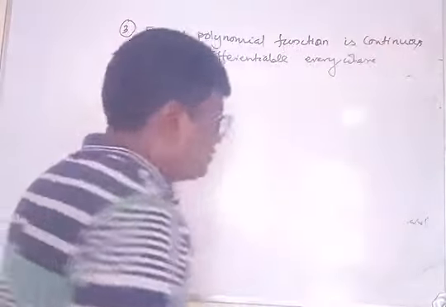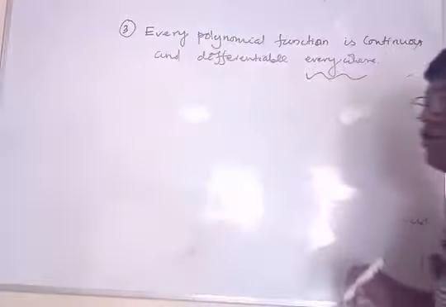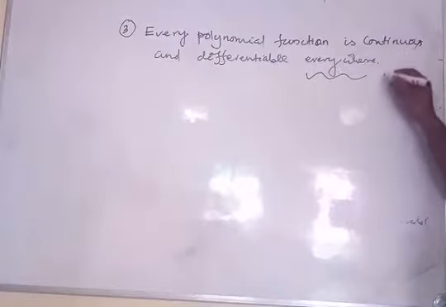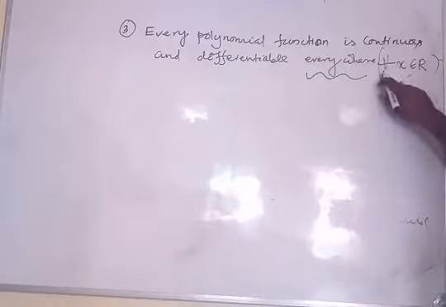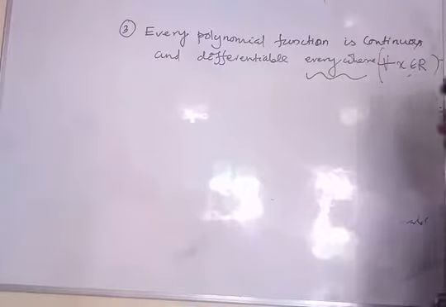Everywhere means for all x, that is, for all x belongs to R. This is the symbol of for all. For all x belongs to R.